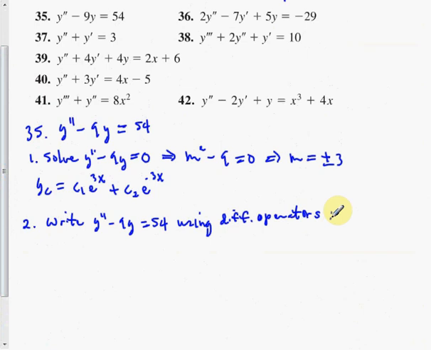If you think about it, notice that D squared minus 9 times the y represents the y double prime minus 9y.